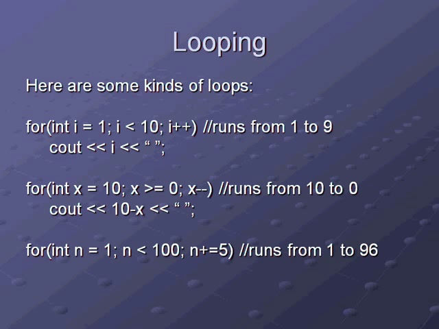Because when you increment 96 by 5, you get 101, and that's out of bounds of your condition. So the loop will go 1, 6, 11, 16, 21, dot, dot, dot, 96. And again, we cout 2 times the value of n. So simple loops, certainly.